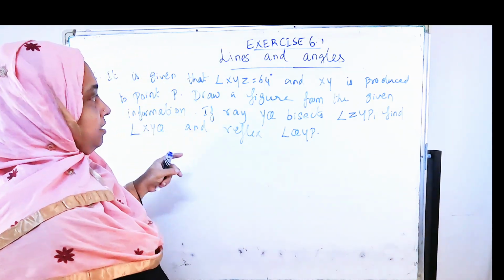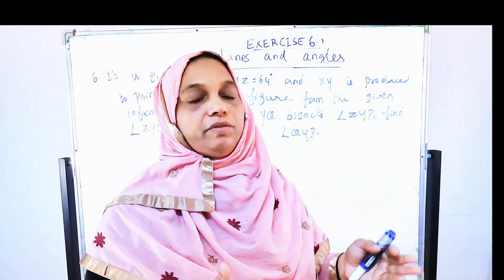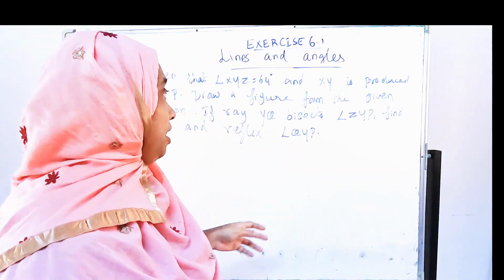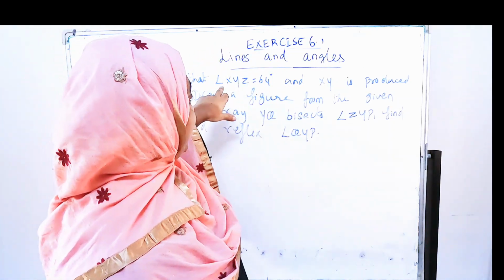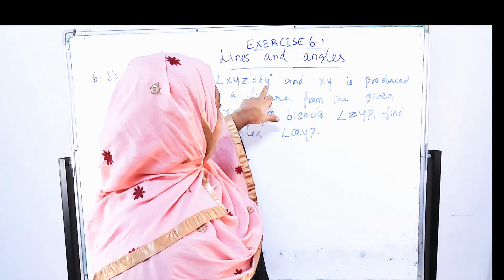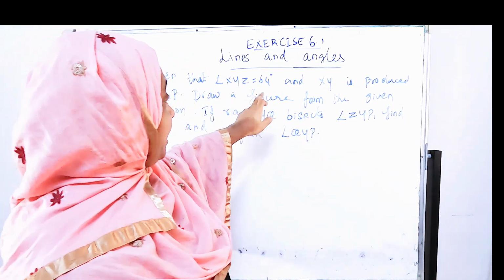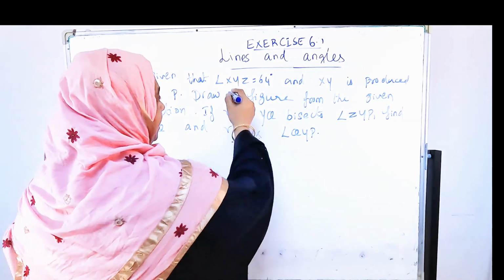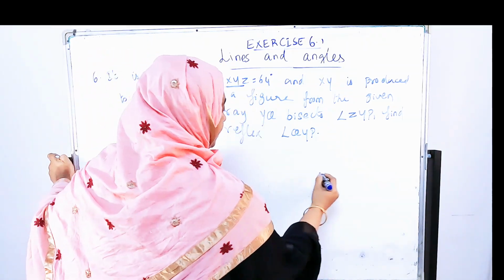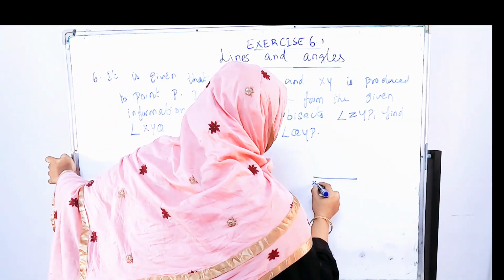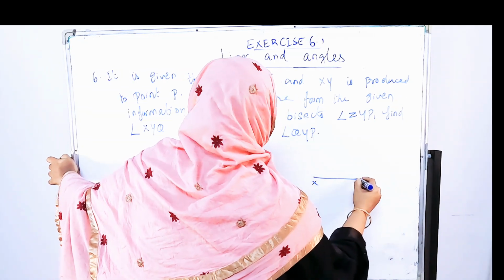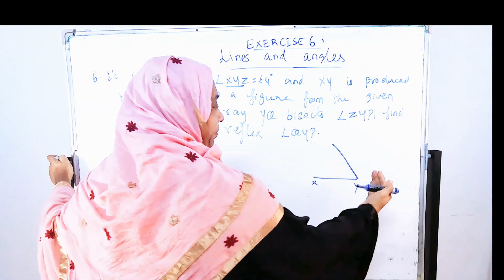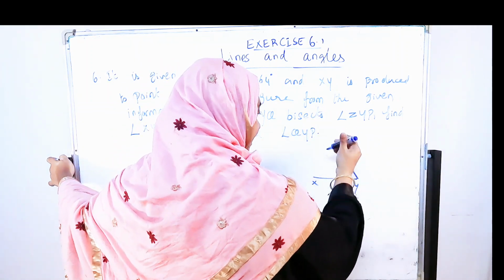In this sum they gave us some information. According to the information we have to draw the figure and find the answer. Angle XYZ is 64 degrees, and XY is produced to point B. Since 64 degrees is an acute angle, I am drawing the ray like this.